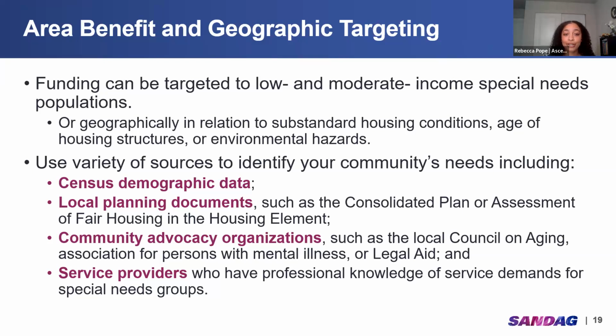You can review census demographic data. Local planning documents might already define these areas in the consolidated plan or the assessment of fair housing in the housing element. We would also encourage you to reach out to community advocacy organizations to find out where needs are greatest. And also service providers can also provide some more professional knowledge of demands.